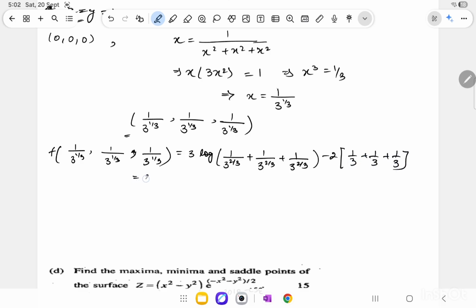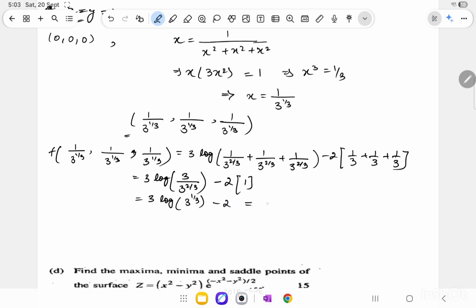This will be equal to 3 times log of 3 divided by 3 raised 2 by 3, minus 2 times 1, and this will be equal to 3 into log 3 raised 1 by 3, minus 2.